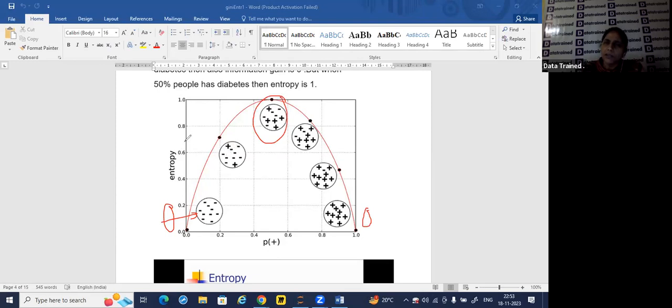So some levels of entropy are present here, like 0.66 or 0.5 or 0.4. So some mix is present here. But what is 1 entropy? 1 entropy means an equal mix of the data, means 1, 1, 1, 0, 0, 0. Equal balanced data, so that gives you 1 entropy.